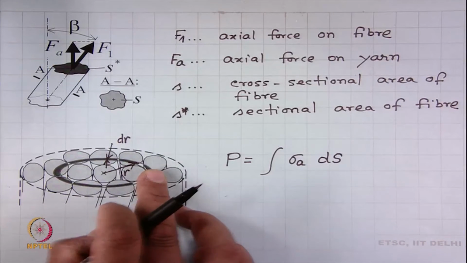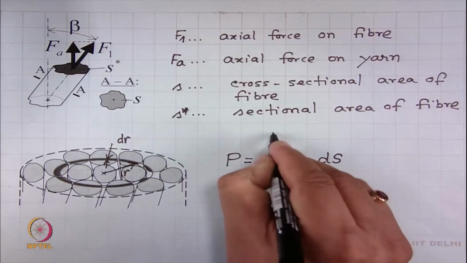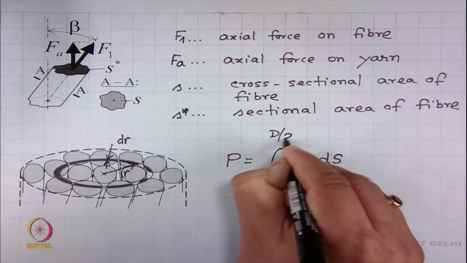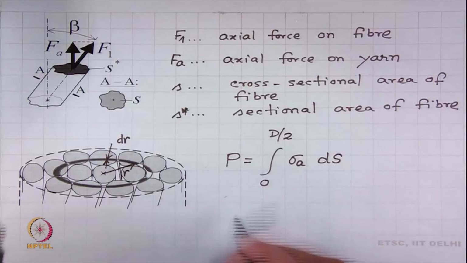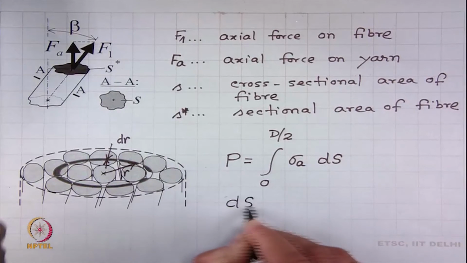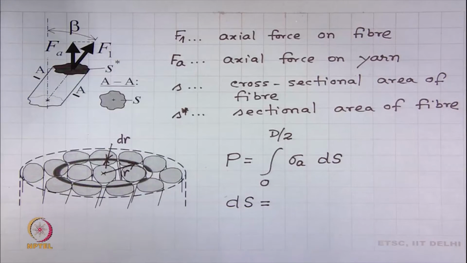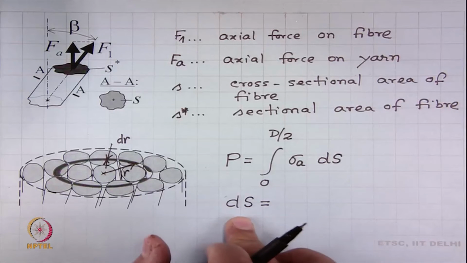If we integrate that from 0 to d by 2, we obtain the total force. So, what is ds? D subscript s stands for the elementary sectional area of fibers. This we defined in module 2.